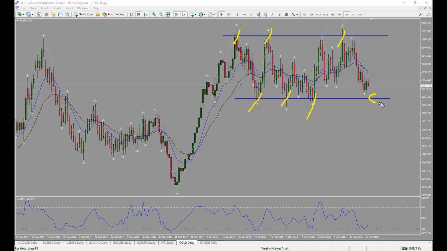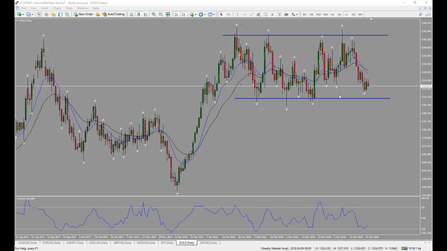So if I come down to this level, then I'm interested in that trade, okay? And then when it goes back up to that level, I'm interested in this trade as well. So those are the two options that I have with gold. I'll leave the lines running. Let's see how it plays out. Let's see if it gives us the opportunity that I'm looking for.